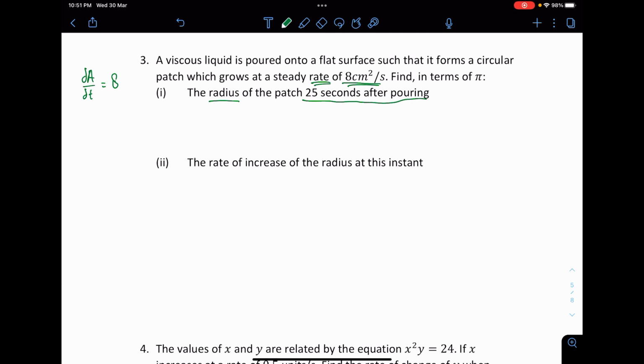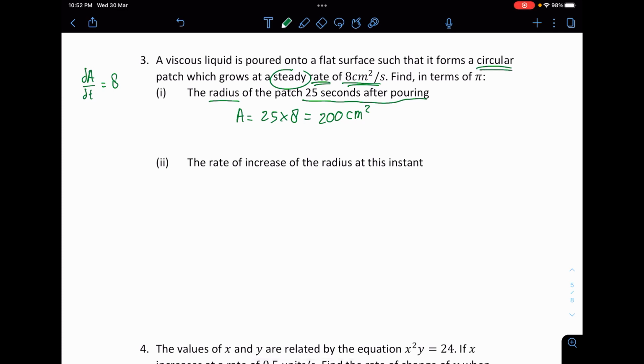They also mention it being a steady rate. What do they mean by steady rate? That means the area is increasing consistently 8 cm squared every single second. Since 25 seconds has passed, the area at that moment should be 25 multiplied by 8, which equals 200 cm squared.